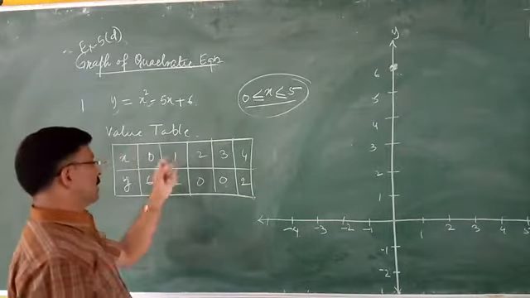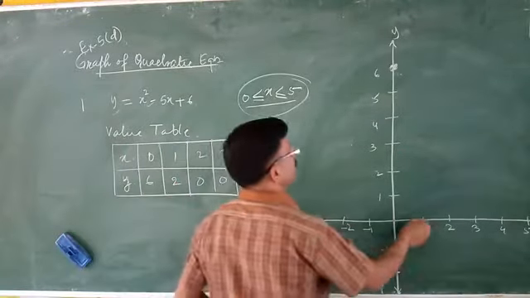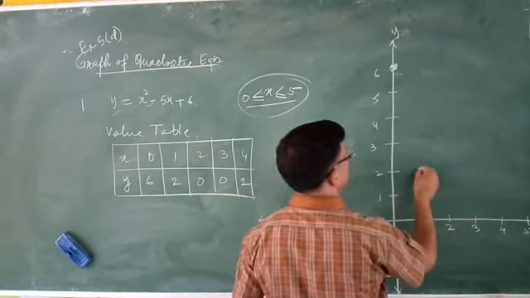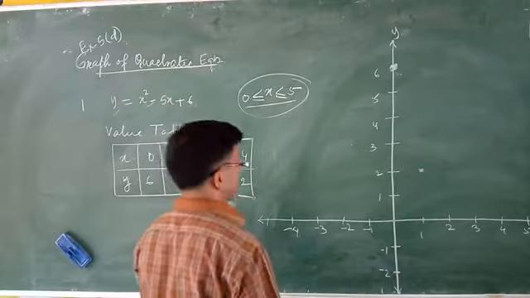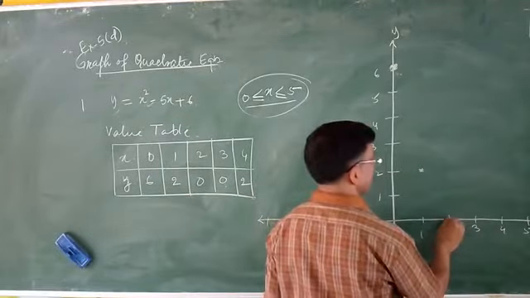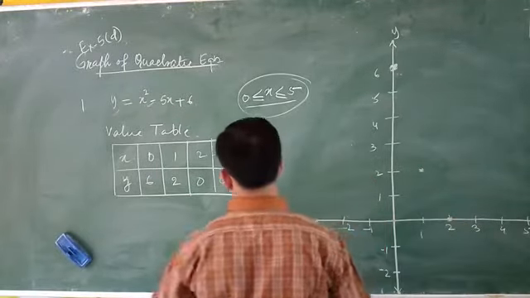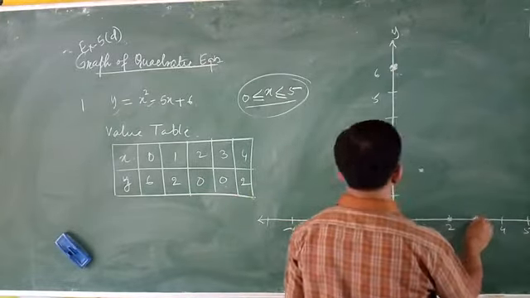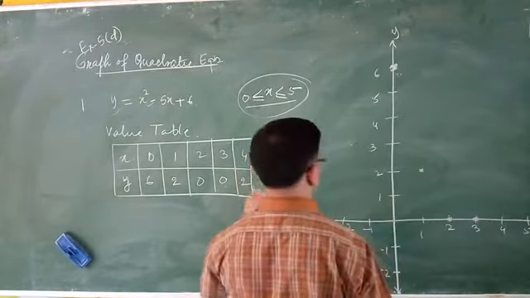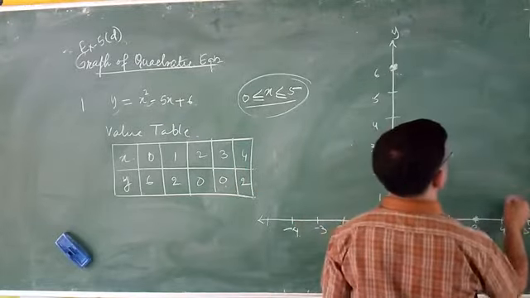Next one is x 1, y 2. This is another point. Is this okay? Then x 2, y 0 is at this point. Is it okay? Then x is 3 and y is 0. This is at this point. And now the last one is x 4, y 2.